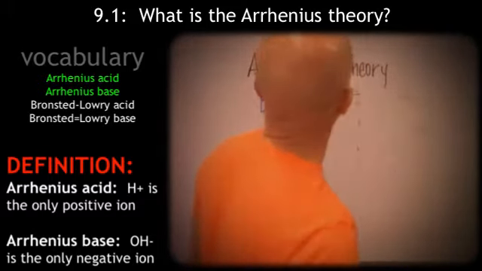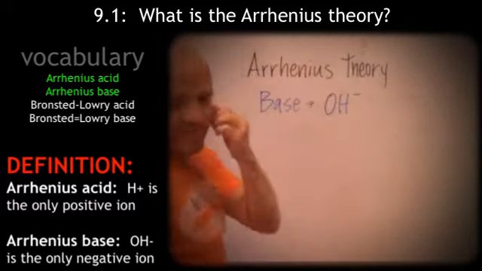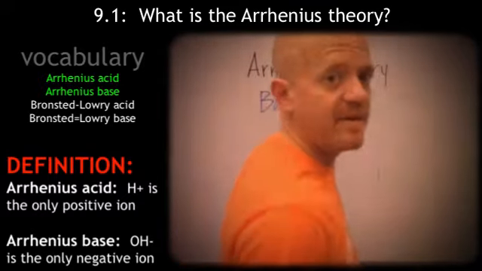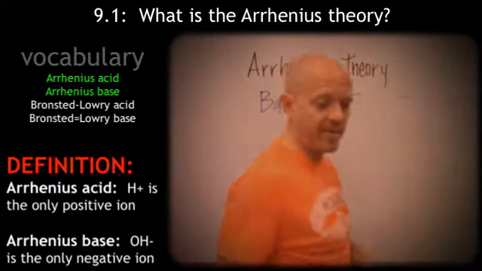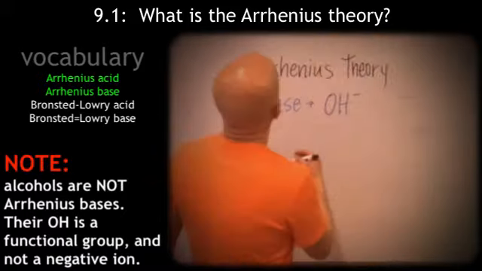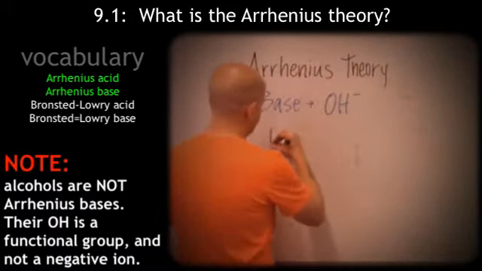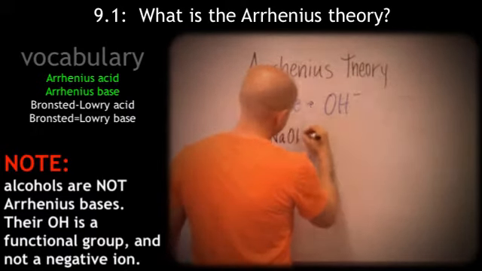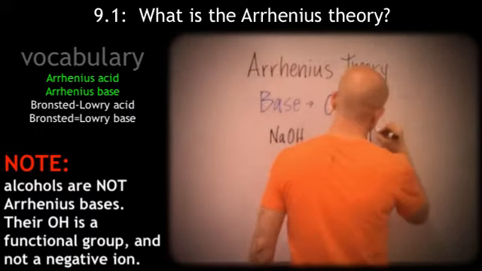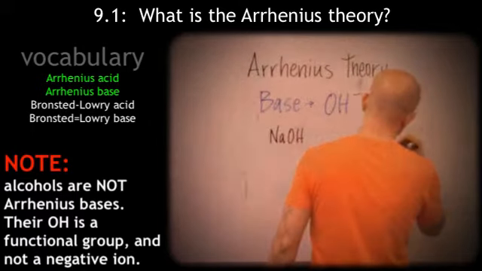Now, an example of Arrhenius bases: if you look at table L, it has 4 bases, 3 of which are Arrhenius bases. I'm going to show you sodium hydroxide and ammonia.